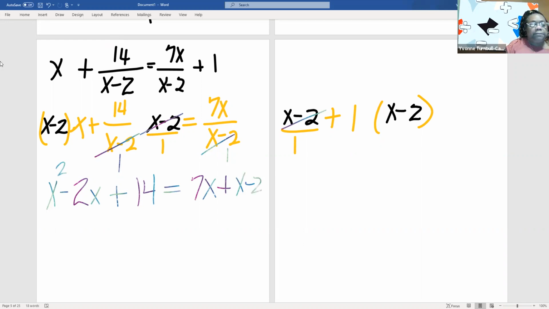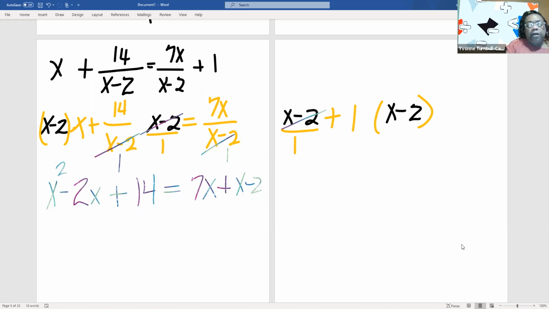How did I get that? X times x is x squared. Negative 2 times x is negative 2x. 14 has nothing to multiply by, so it comes down. 7x has nothing to multiply by, so it comes down. I'm going to distribute my 1. 1 times x is x. 1 times negative 2 is negative 2.